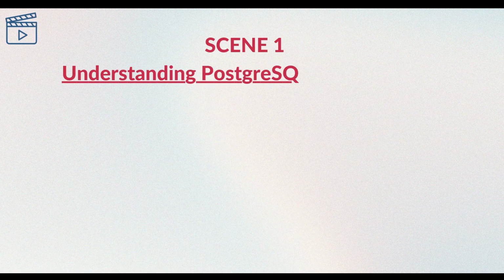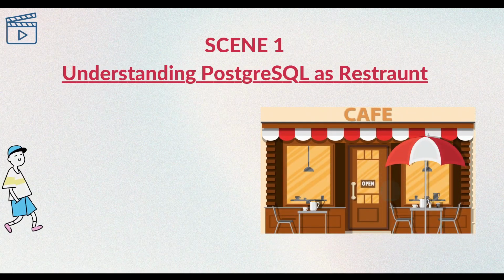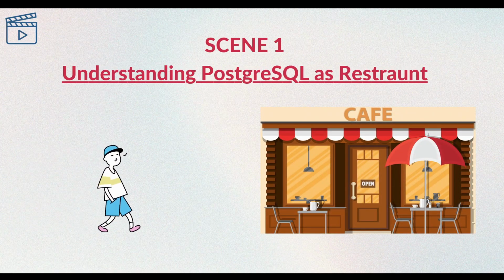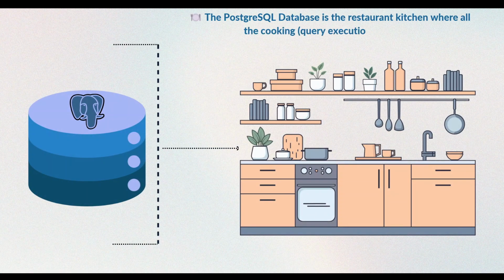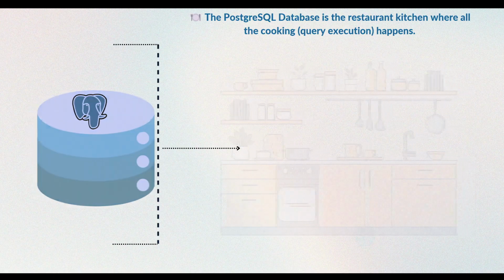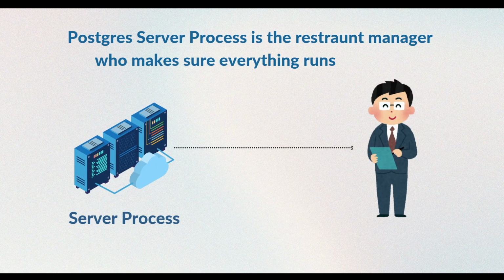Now let's move to our first scene, understanding PostgreSQL as a restaurant. Imagine a restaurant where a customer walks in, places their order and gets served. The PostgreSQL database is the restaurant kitchen where all the cooking, which is basically the query execution, happens. The Postgres server process is the restaurant manager who makes sure everything is running smoothly.